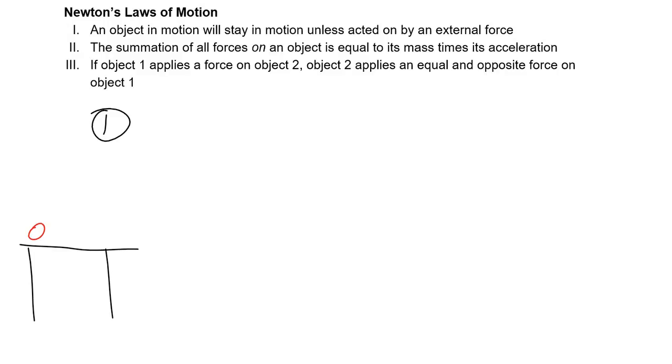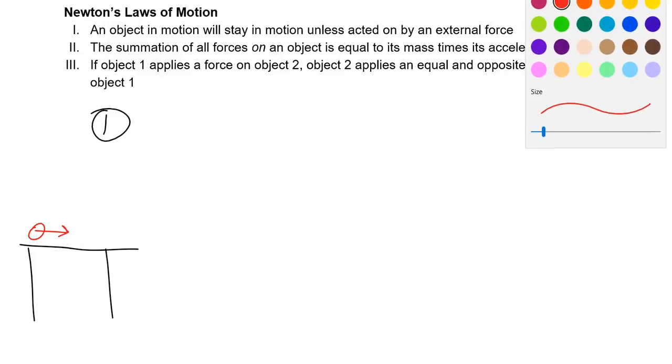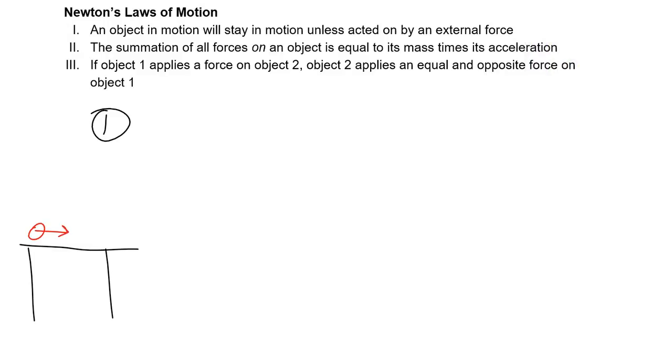The answer is that there is a force on it that's making it stop moving, and that is the friction force. If the ball is moving to the right, it stops because there's a friction force pushing it to the left, right? The friction between the table and the ball.